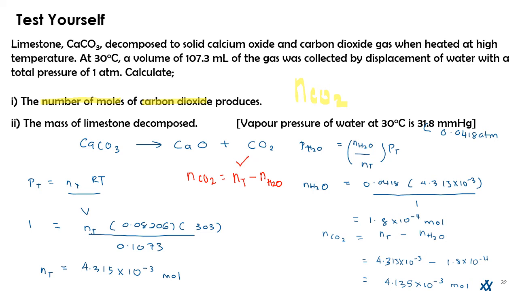By using PV equals nRT, you will get the total moles is this. Next, when you want to find moles of water, using this formula, because we already have the total moles, just substitute into the equation, and you will get moles of H2O, 1.8 exponent negative 4 mole. So you can substitute into this formula to find moles of CO2, and then you will get 4.135 exponent negative 3 mole.